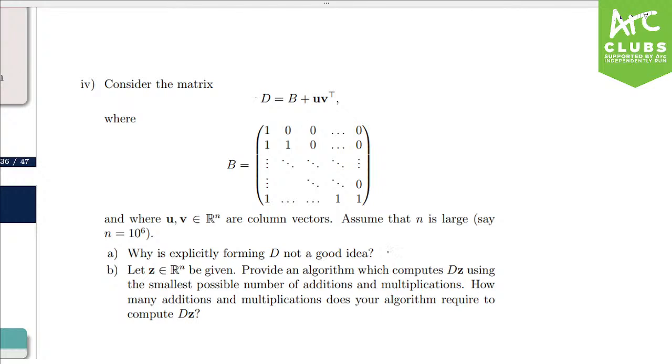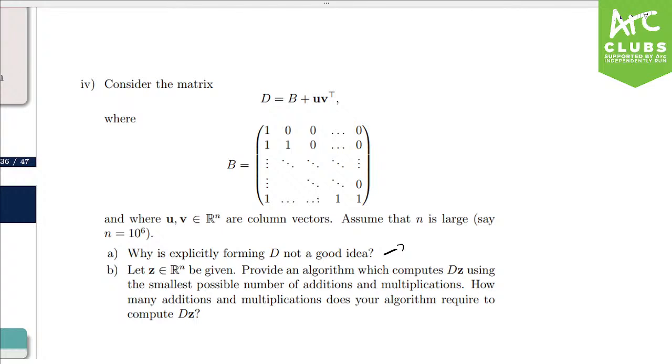That's because right now it's pretty easy to store. So for B, it's just a lower triangular, and every element is also the same. And U and V are also a lot less expensive to store compared to a full n by n matrix.